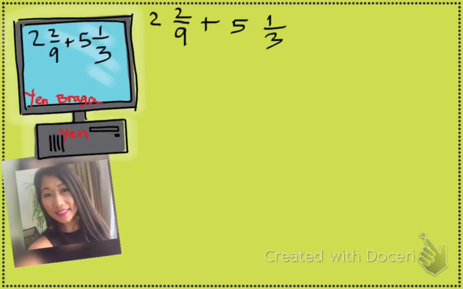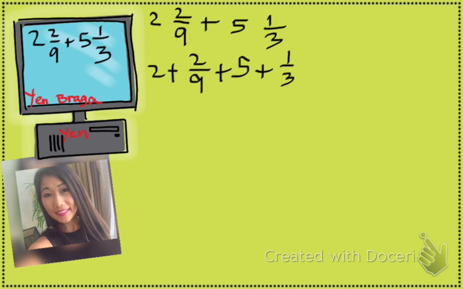Alright, so our next example, we have 2 and 2/9 plus 5 and 1/3. The first thing, we will rewrite our fractions. So we have our whole number 2 plus fraction 2 over 9 plus whole number 5 and fraction 1/3.